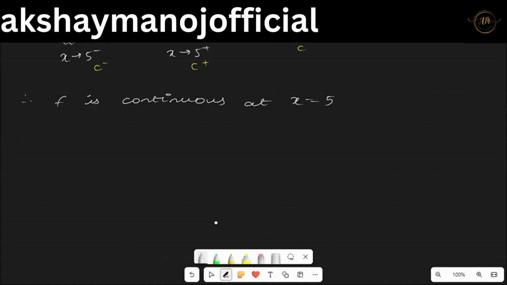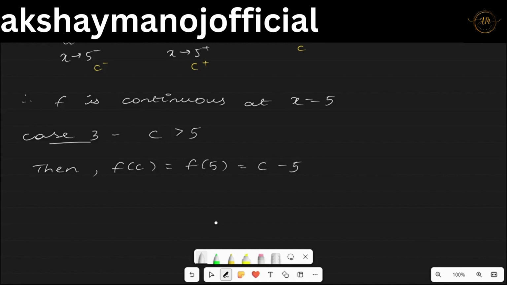Yes. Next we have case 3, c greater than 5. Then if c is greater than 5, f(c) will be c minus 5.